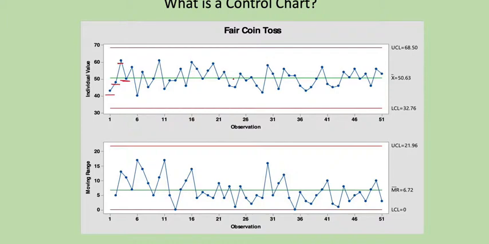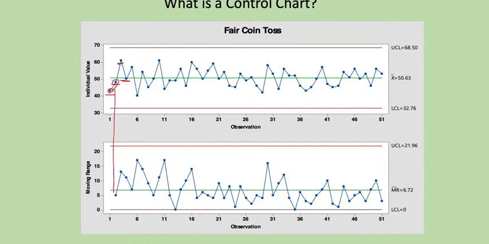So this is the first step in the development of a control chart, graphing some kind of output as a time series. Along with this chart, we also have another chart called a moving range chart. What this does is take two data points, calculate the difference, and then plot that as a data point.